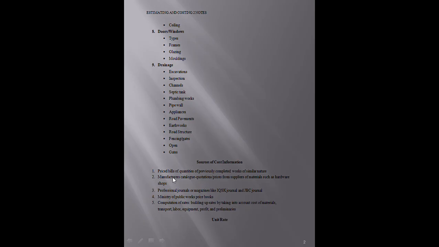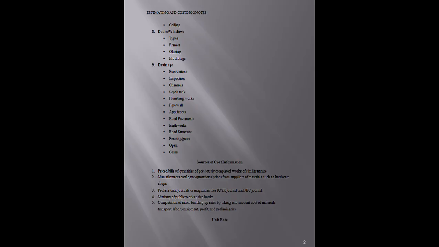Number 2, manufacturers' catalogs, quotations, and stock prices from suppliers of materials such as hardware shops. Number 3, we have professional journals or magazines like the IQSK Journal and the JBC Journal. Number 4, Ministry of Public Works price books.